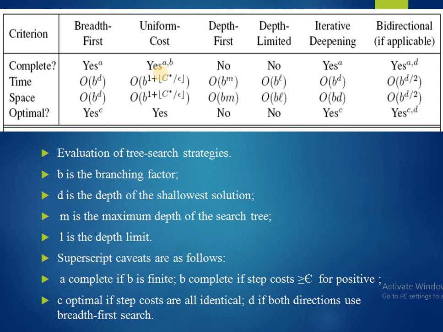For depth limited search it is O of bl, while for iterative deepening search it is O of bd, and for bidirectional search it is O of b raised to d by 2. Breadth first search, uniform cost search, iterative deepening search, and bidirectional search are optimal, while depth first search and depth limited search are not.